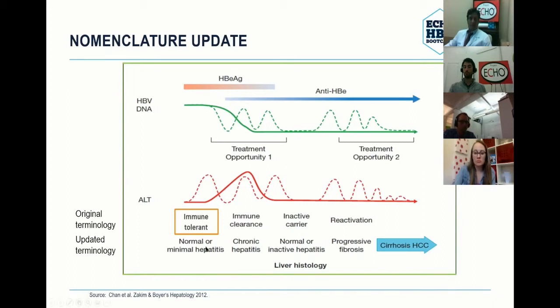We talked about chronic infection versus chronic hepatitis. Infection means the ALT is normal, and hepatitis means the ALT is high, and that's the newer terminology. Now, if the patient does have cirrhosis, liver cancer, or evidence of portal hypertension, you clearly need to treat this patient.